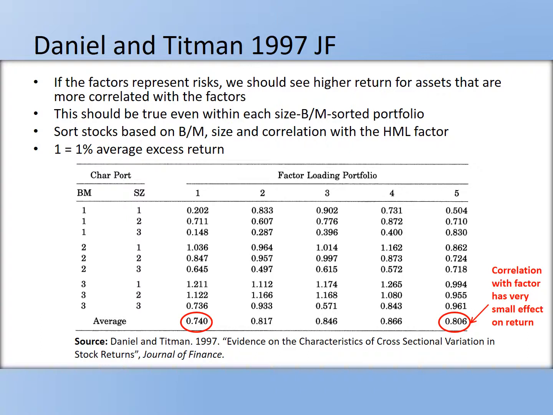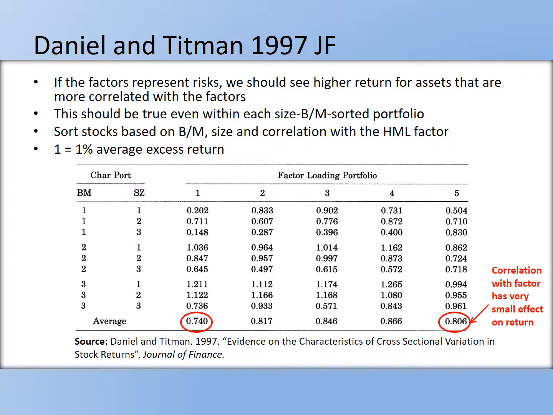So if this is truly about risk, then if a particular stock is more exposed to this risk, investors should demand a higher return. Otherwise, they should just switch to stocks with lower exposure, and they can get the same return on average with lower risk. So the only way that investors would buy stocks that are exposed to a particular risk is if the stock provides higher return.